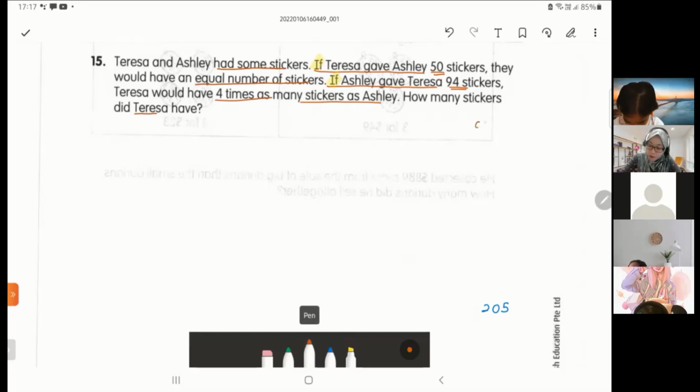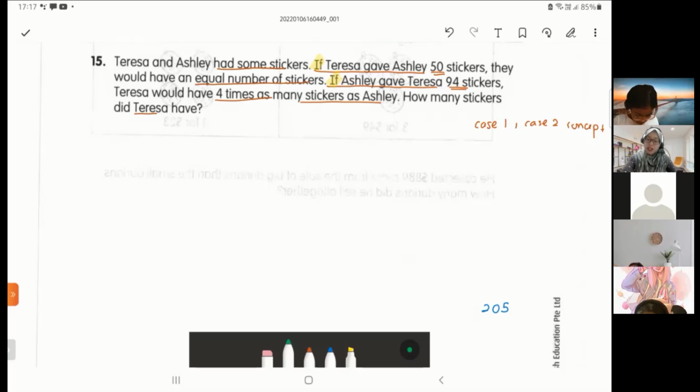Means in this concept, there are 2 scenarios. There are 2 things going on, which haven't taken place yet, because they say if. If means have not happened yet. Maybe Teresa want to give Ashley 50 stickers.